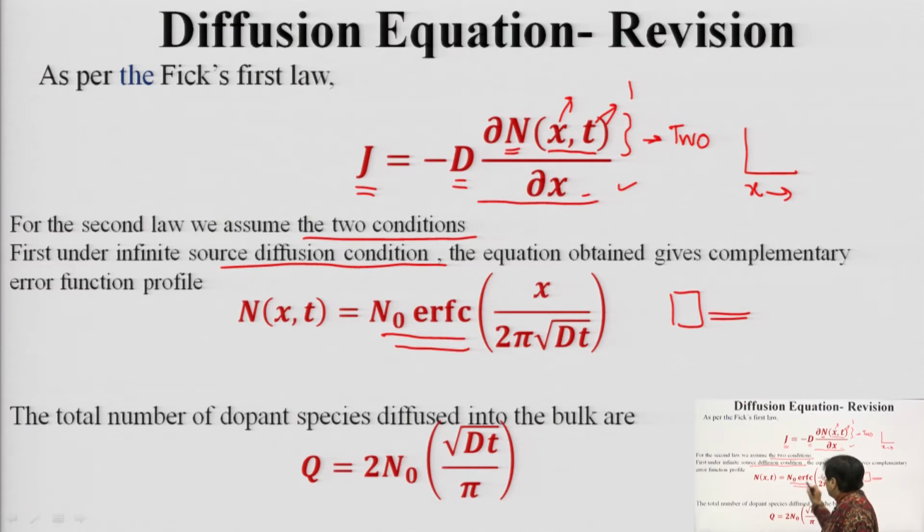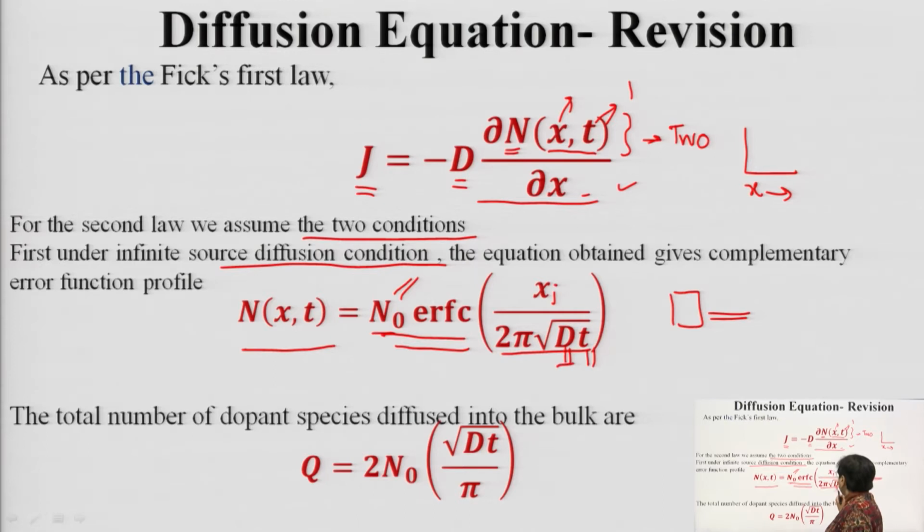It is given as n(x,t) equals the initial concentration n0 times erfc of x upon 2 under root Dt, where D is the diffusivity and t is the time.